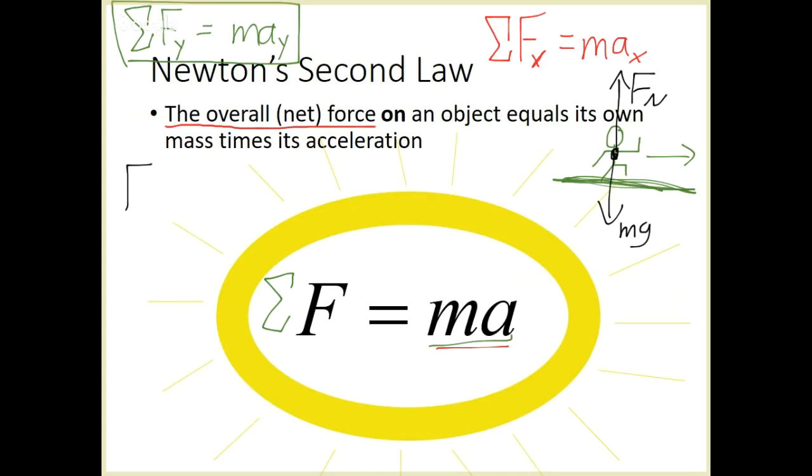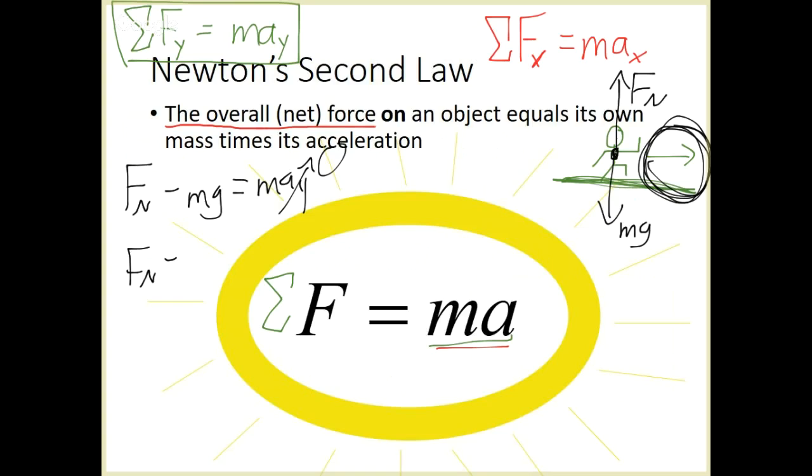Because the normal force minus the gravitational force will equal mass times acceleration in the y direction, and even though there's an acceleration to the right, there's no acceleration in the y direction. That'll tell me the normal force is the same as the force of gravity.